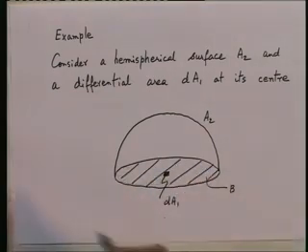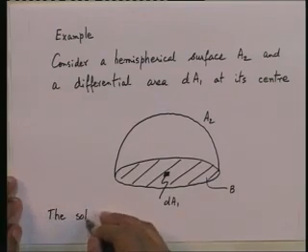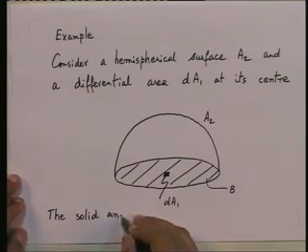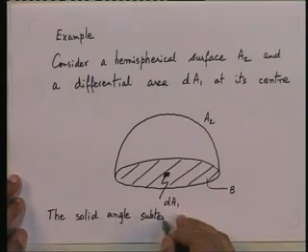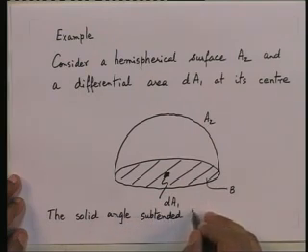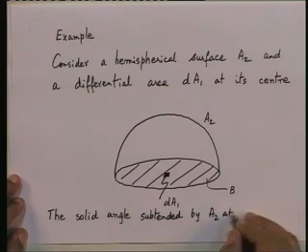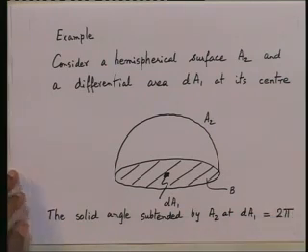Therefore, the solid angle subtended by A2 at dA1 will be equal to 2 pi. 2 pi will be the area cut out on the surface of a sphere of unit radius centered at dA1.